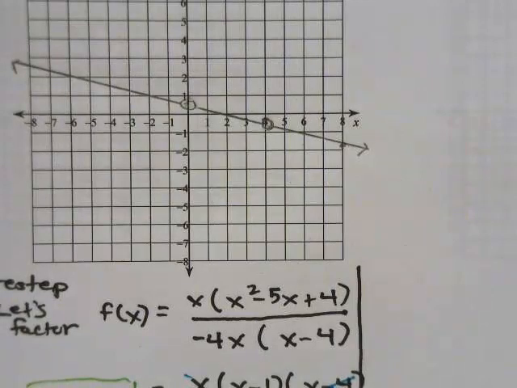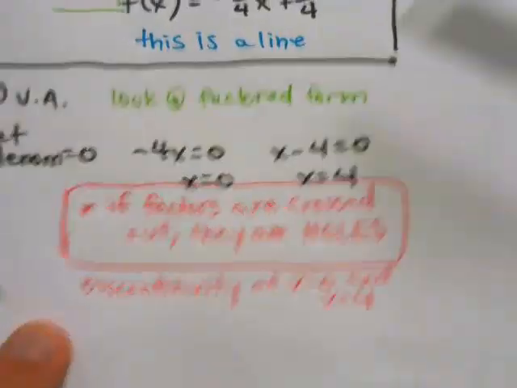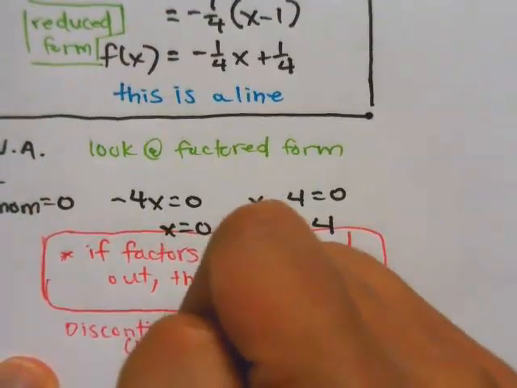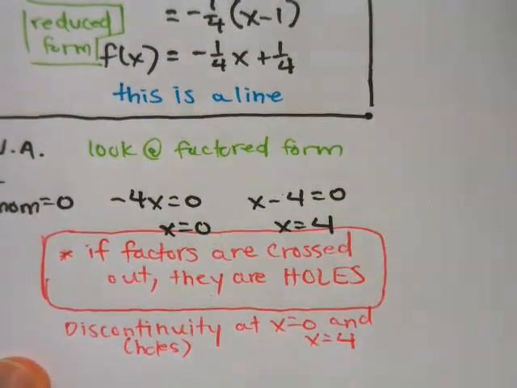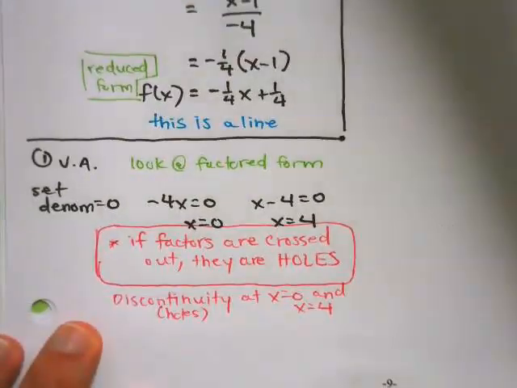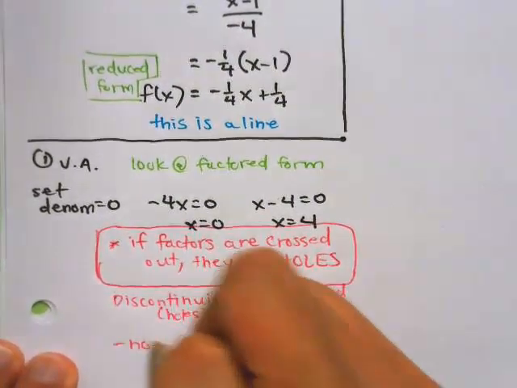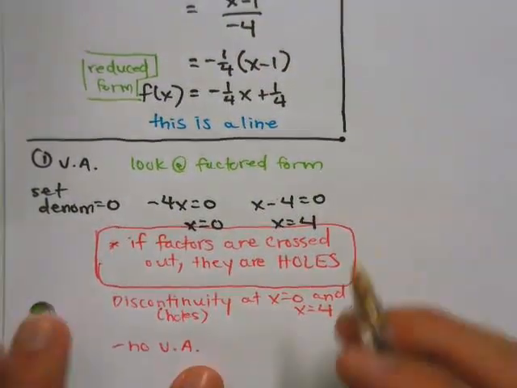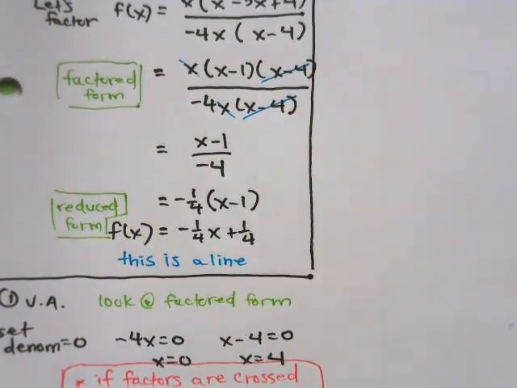So we have two holes like that. So we have holes, or discontinuity, at x equals 0 and x equals 4. So there's no vertical asymptote. No VAs. But we have holes at x equals 0 and x equals 4 because in the factored form we crossed those factors out.